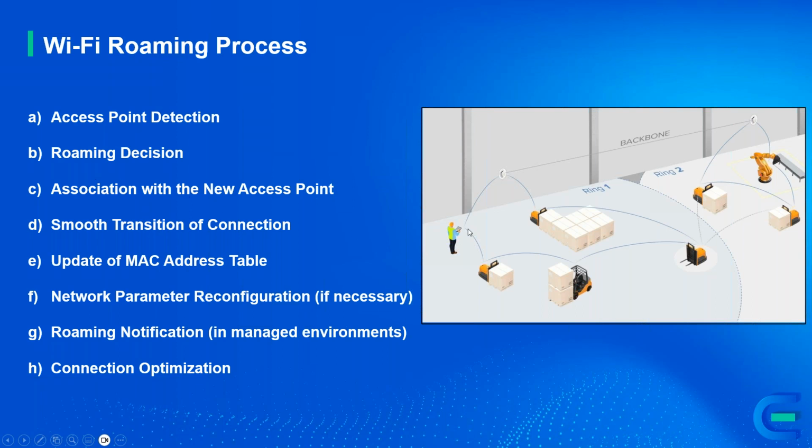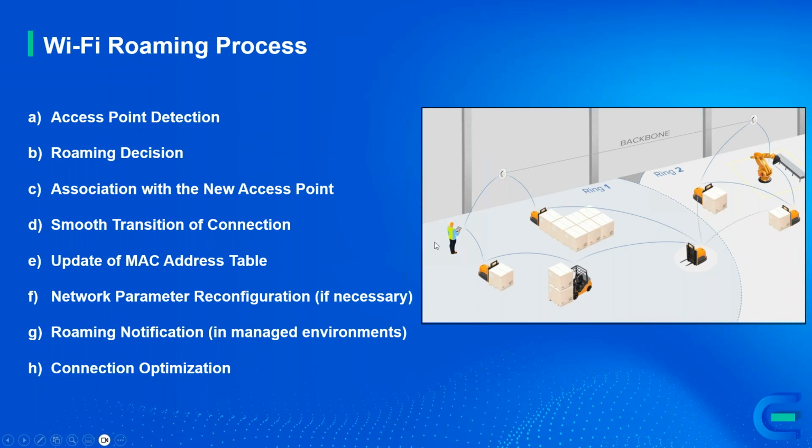Then comes the roaming decision that is purely based on parameters that the device is analyzing, let's say signal, noise, etc. So the device is the one that takes the decision to move from one access point to another.